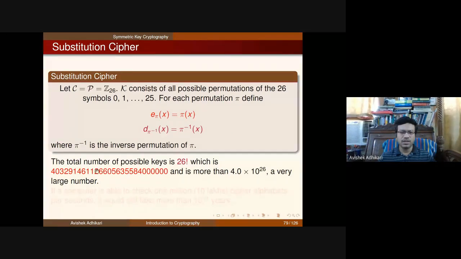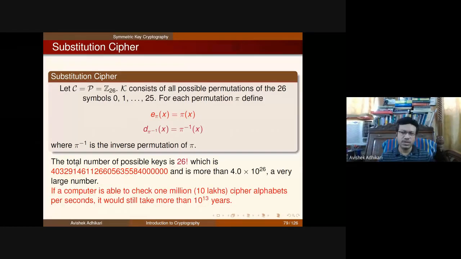As you can understand, we showed by using a simple example, if we have a decent machine that can handle 1 million, that is 10 lakh, cipher alphabets per second, to do an exhaustive search on this scheme, it will take around 10 to the power 13 years, which is more than the age of the universe.